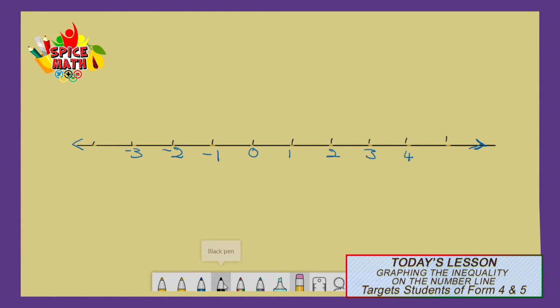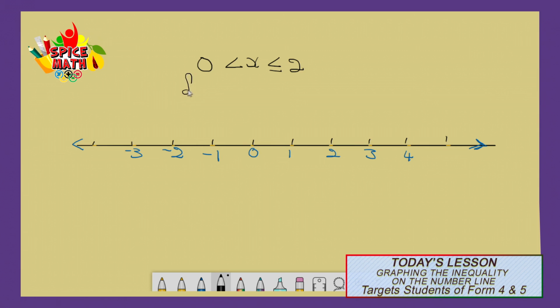The inequality is x is less than or equal to 2, but at the same time, x is greater than 0. Interesting. We're going to write this in set notation or set builder notation, better known as interval notation.